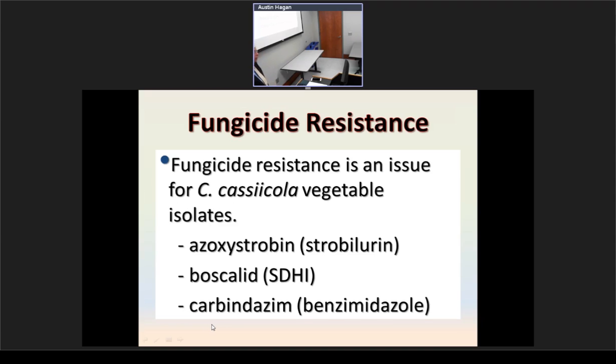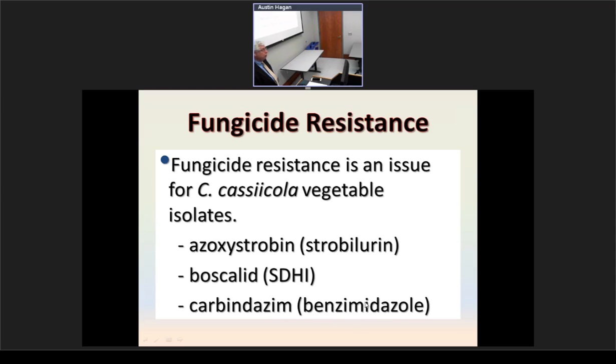Now, one of the reasons why you don't want to be spraying all the cotton with a fungicide is the issue of resistance. And it turns out that Corynespora cassiicola has the ability to very rapidly develop resistance to single-site active fungicides. So there is resistance to azoxystrobin, strobilurins, boscalid, which is an SDHI type. They're just coming out and still coming out in the marketplace. And this fungus has resistance to it in vegetables, and carbendazim and other benzimidazoles.